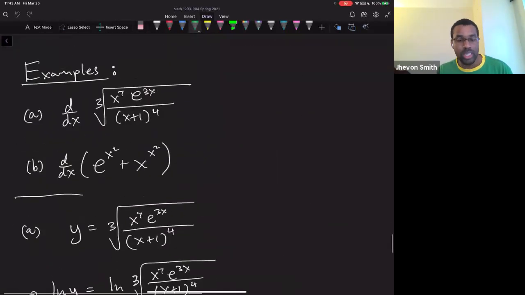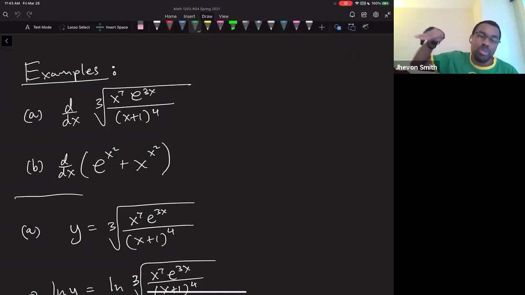We did one such example. Example A here, the cube root of x to the 7, e to the 3x all over x plus 1 to the 4th. To do that directly, you need the chain rule because there's the cube root on the outer function. Then you have to multiply the derivative of the inside, which is going to take the quotient rule with the product rule built in, with the chain rule on top of that to differentiate the x plus 1 to the 4th and the e to the 3x.